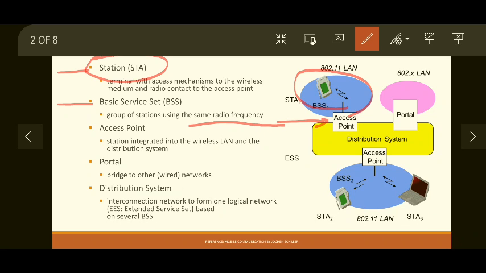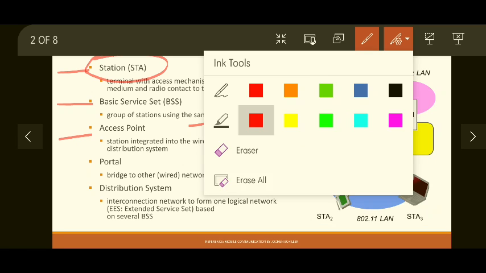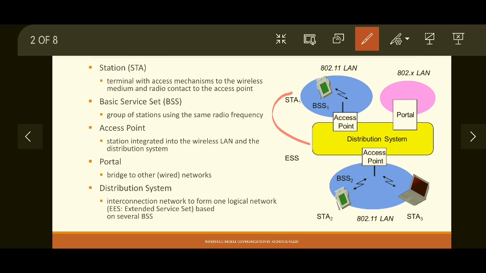Then the access point. What is an access point? An access point is nothing but a type of router which is integrated into the wireless LAN. A BSS is nothing but my wireless LAN. So the access point is integrated into the wireless LAN and the distribution system, and both systems are connected via the access point.